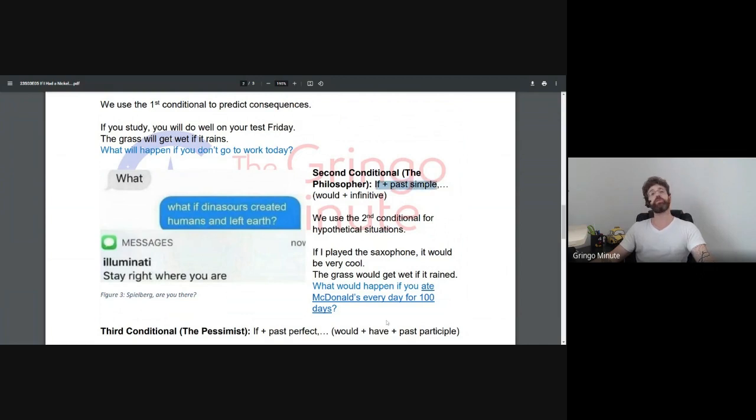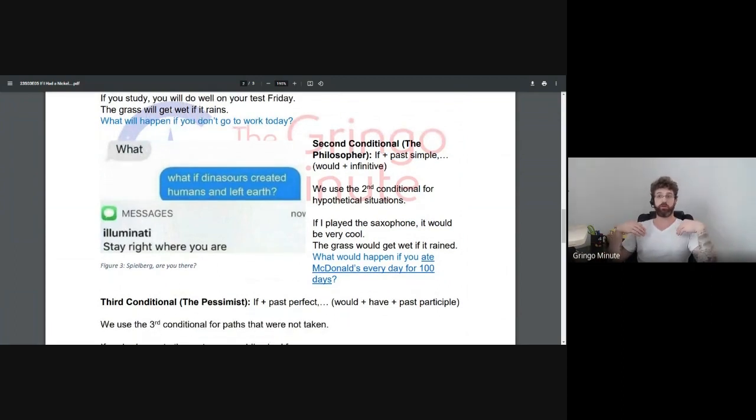We will always be using the past tense when we're talking about a hypothetical situation. And what do I mean by hypothetical? It can be something that could happen. If I studied law, I would be a lawyer. Is it impossible? No, but I have not studied law.